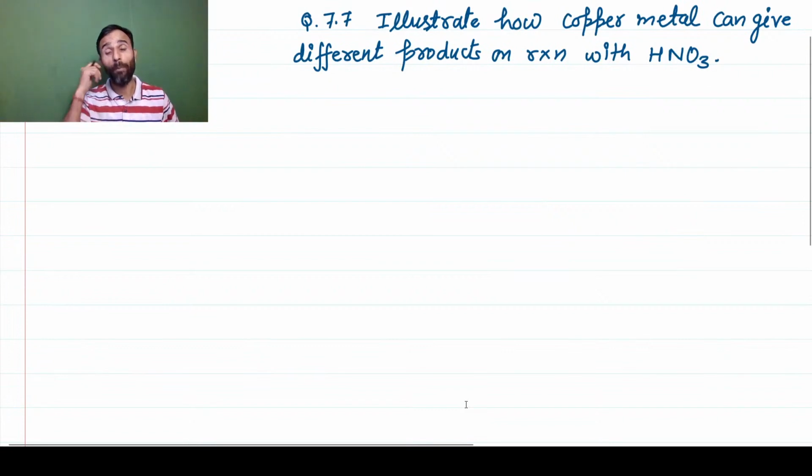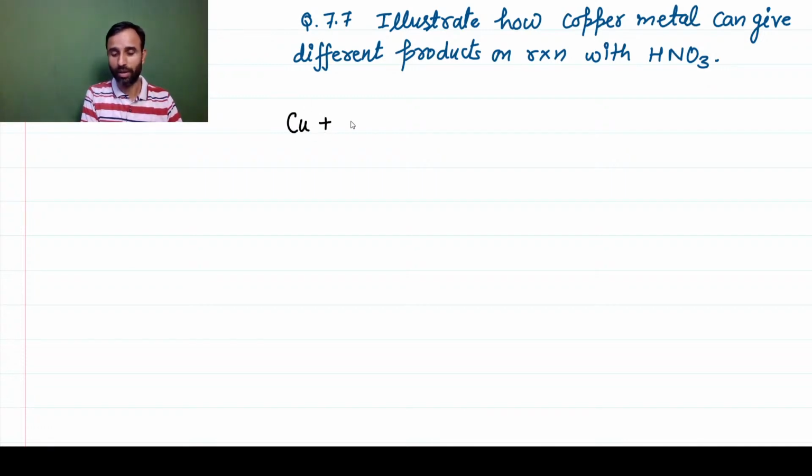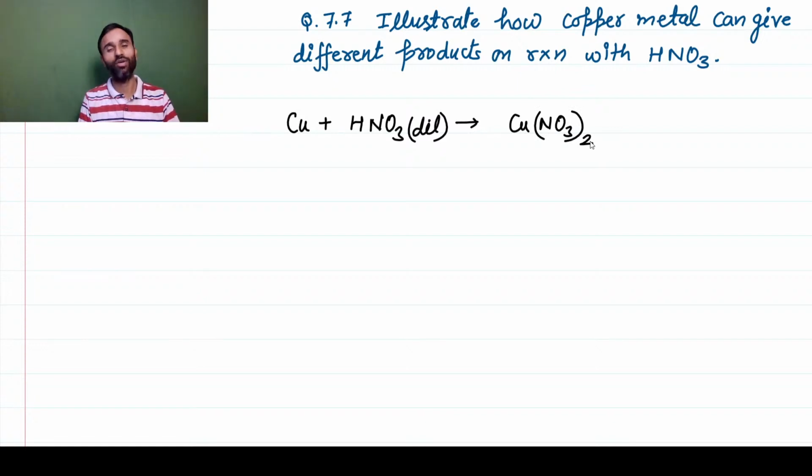Okay, now next one: illustrate how copper metal can give different products on reaction with HNO3. So keep in mind, copper when reacting with dilute HNO3 gives copper nitrate, or cupric nitrate, along with NO and H2O.